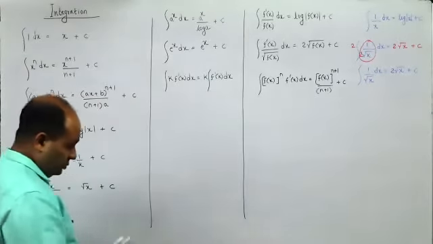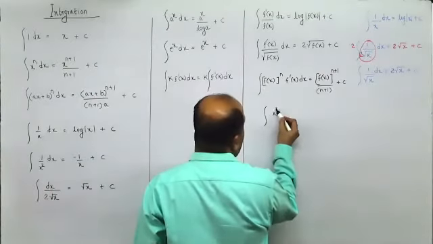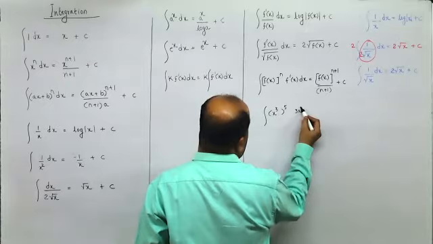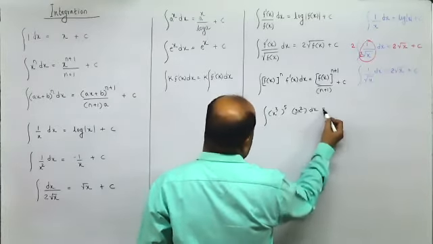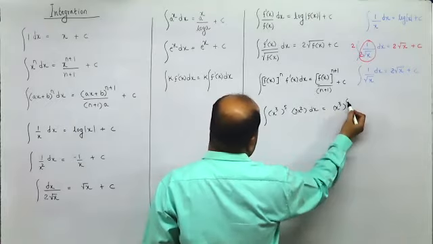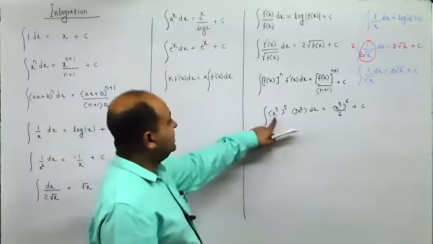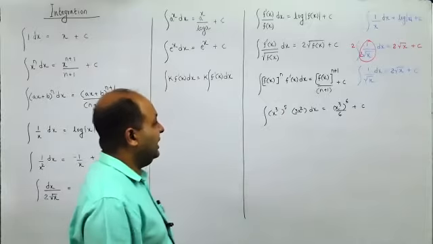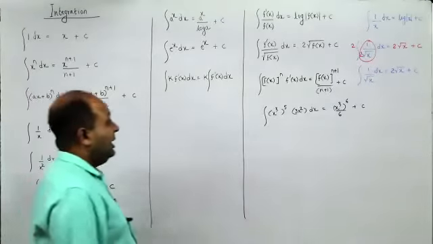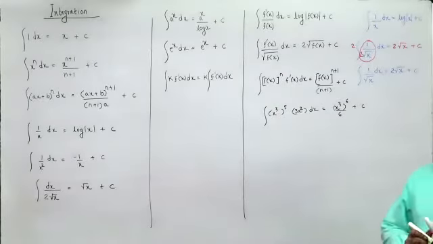Now here, remember, if you have x cube raised to 5 and this is 3x square dx, then you can say it is x cube raised to 5 plus 1, 6 upon 6 plus c is the answer. You can get this even by substitution method. You can say let x cube be t and you can solve this to get the value. I'll come to that part later, but this is the formula for f of x raised to n plus 1 upon n plus 1.